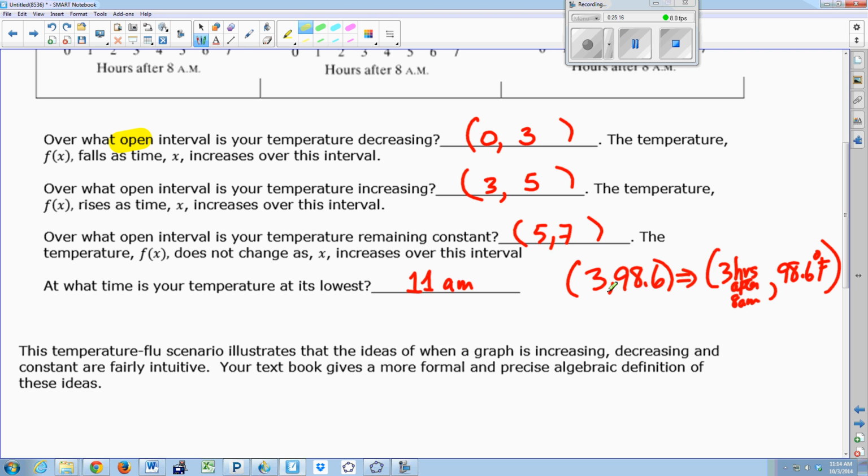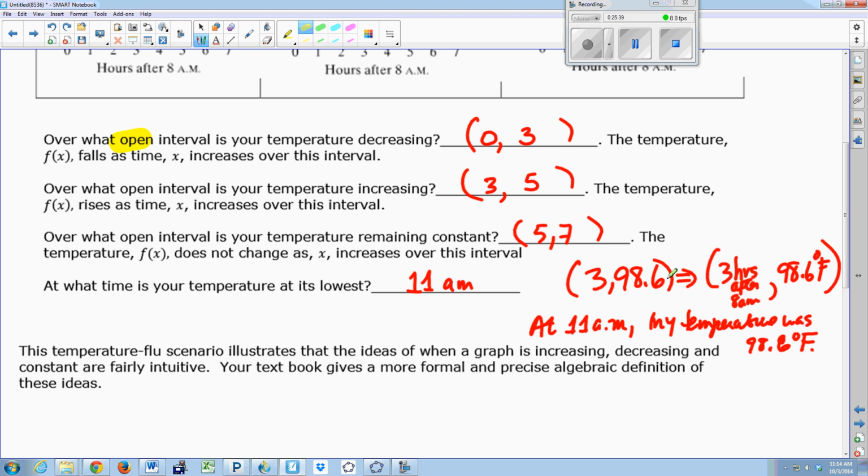To describe what the coordinates of this point mean in a sentence, I would say at 11 a.m., my temperature was 98.6 degrees Fahrenheit. It's that simple.